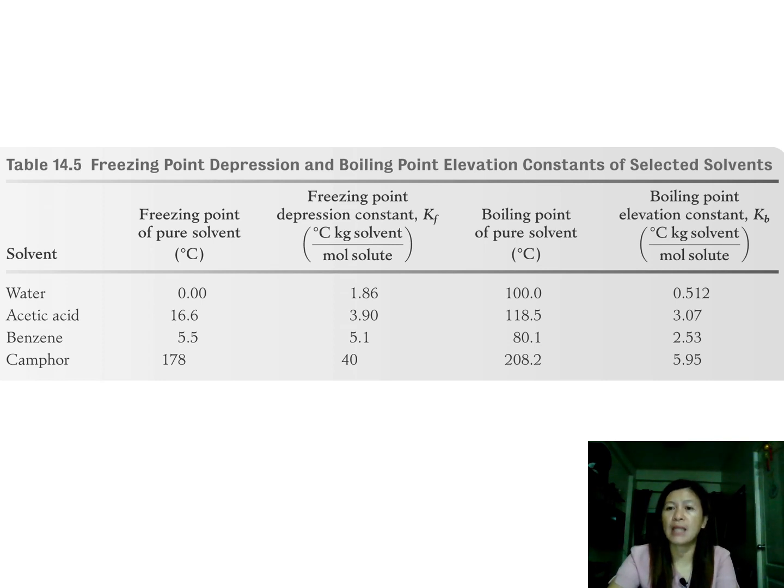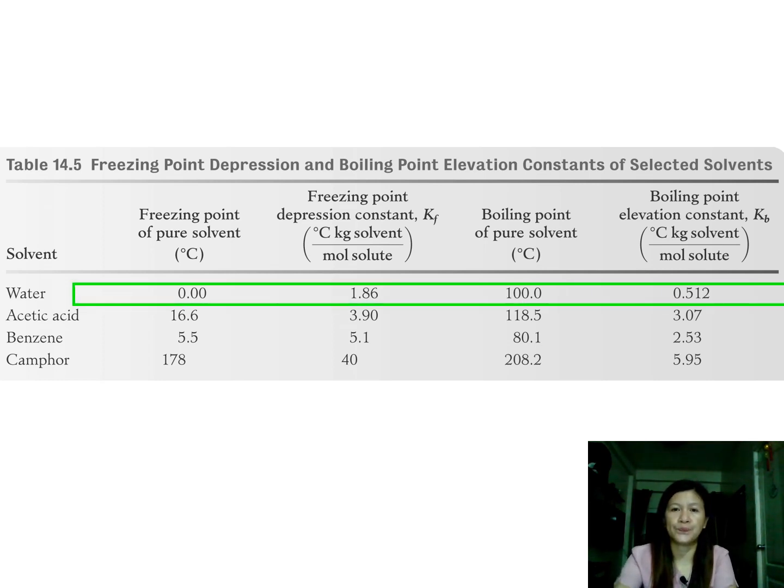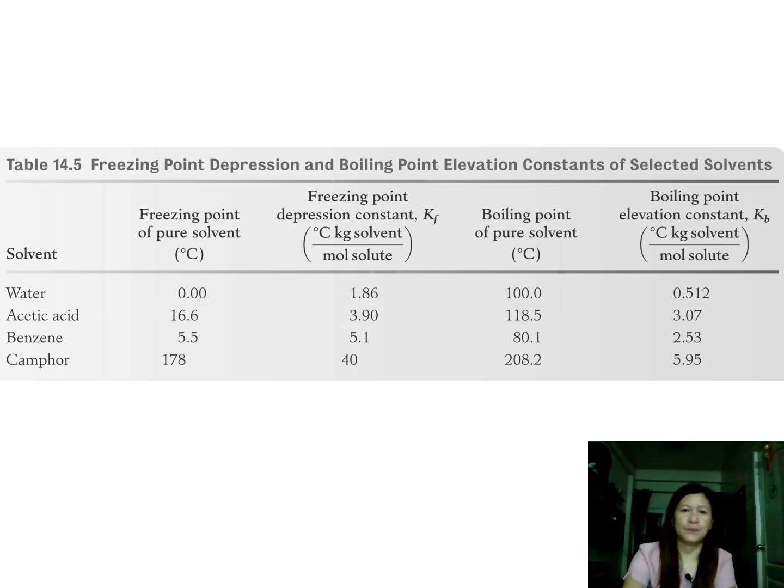Its boiling point elevation constant, or K sub B, is 0.512. So K sub F and K sub B, the freezing point depression constant and boiling point elevation constant, will be needed in doing calculations involving freezing point depression and boiling point elevation.